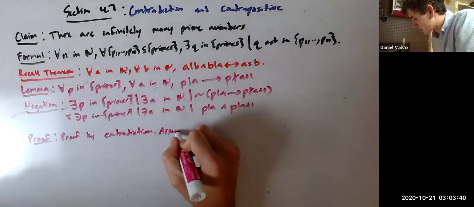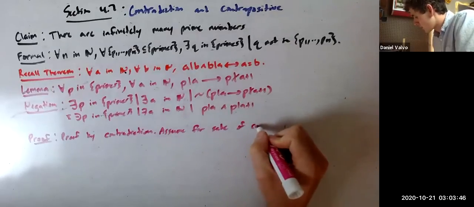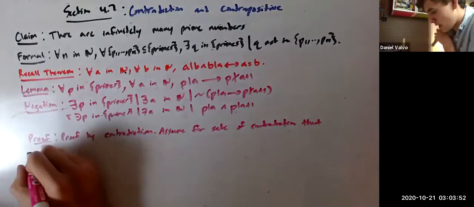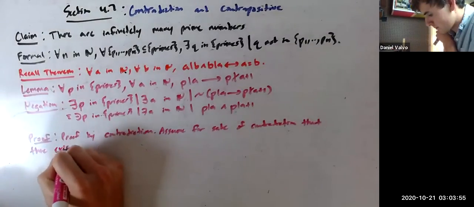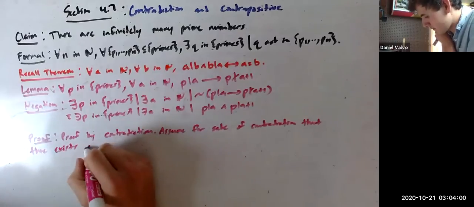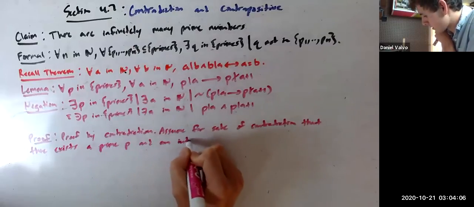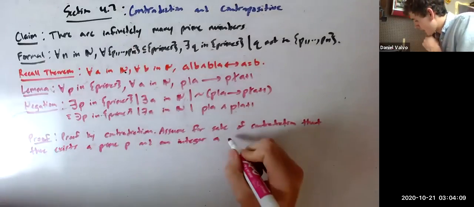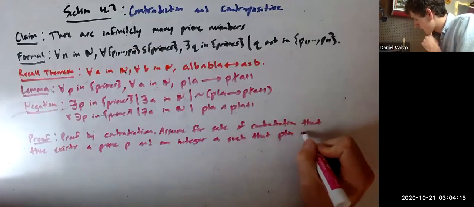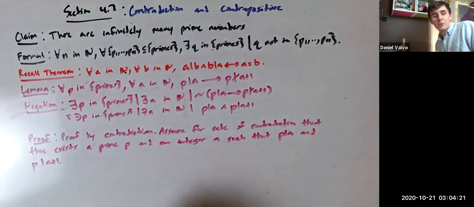We're going to assume, for the sake of contradiction, that there exists a prime P and an integer A such that P divides A and P divides A plus 1. That's exactly what the negation says.